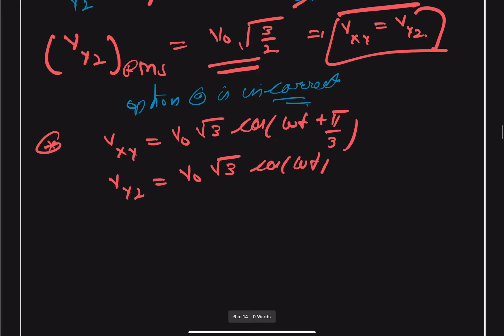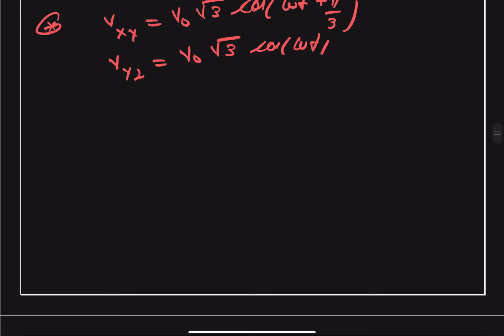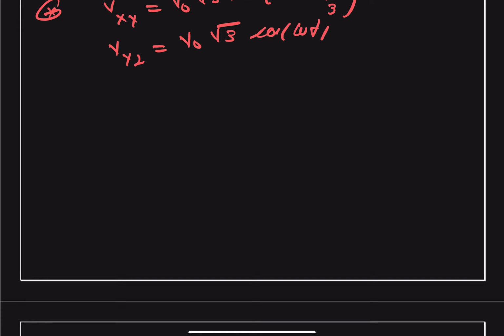Okay, we are not interested in negative sign, doesn't matter. And we can also calculate that our Vzx, which will be equal to Vz minus Vx, and that will be equal to our V0 square root of 3, and this comes as cos of omega t minus pi by 3.